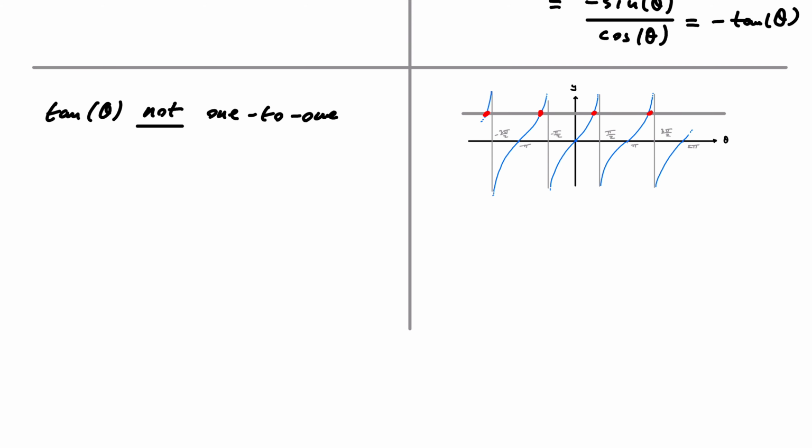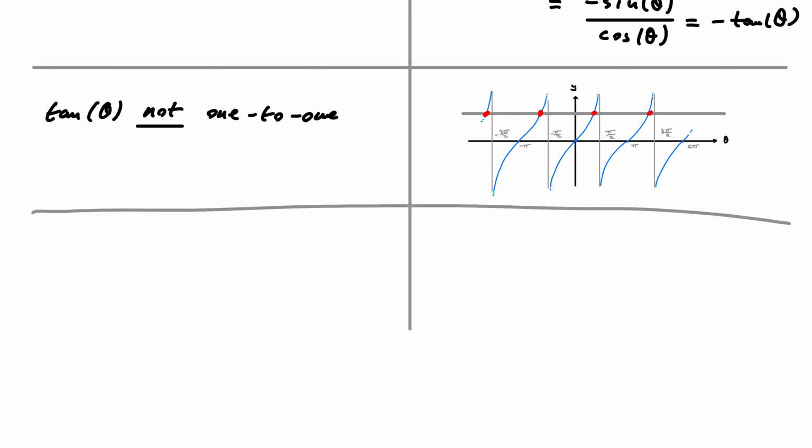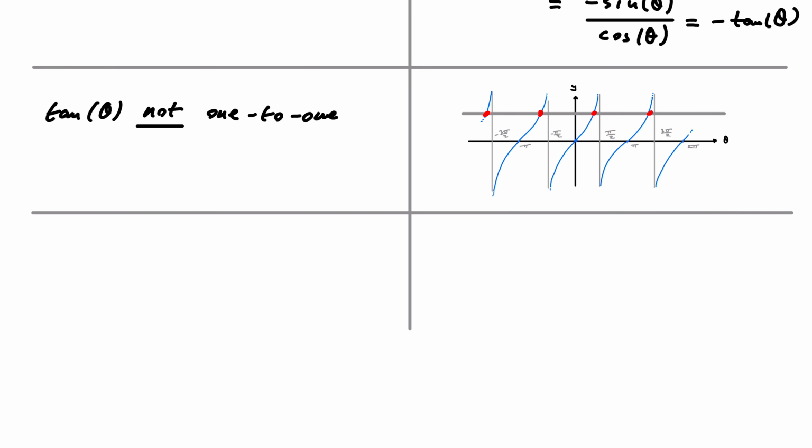So last, let's think about the zeros. We can basically see them in this picture when it comes down to it. So they correspond to when sine is 0. So the x-intercepts, or the 0 values, tan of theta is equal to 0.